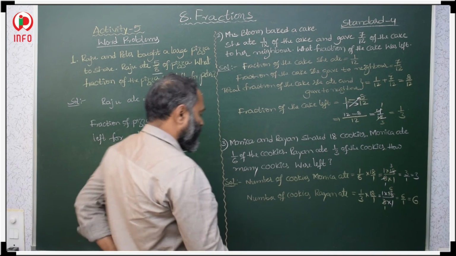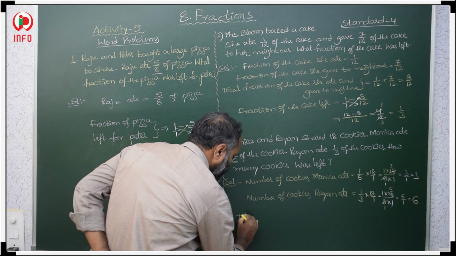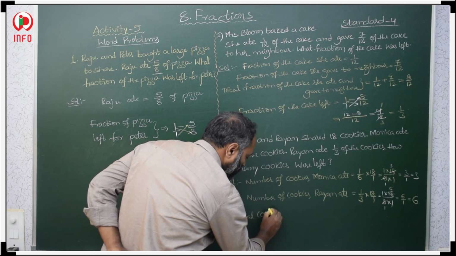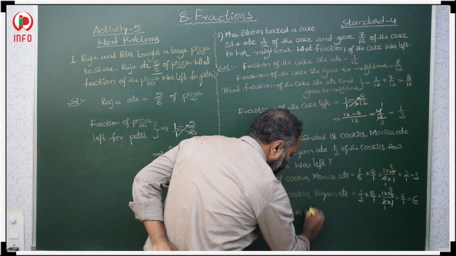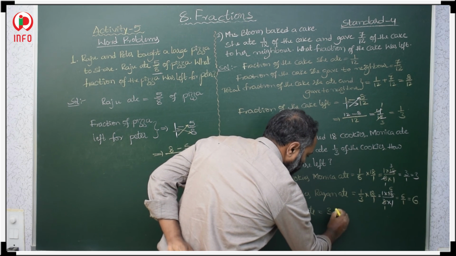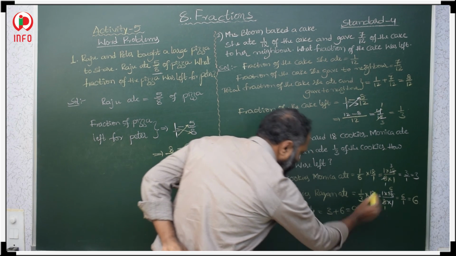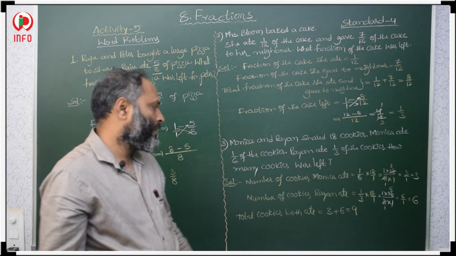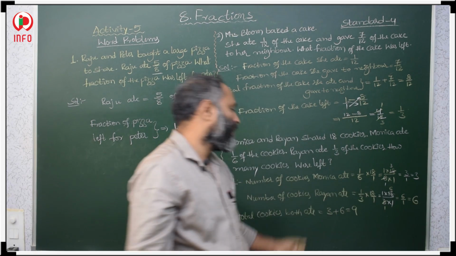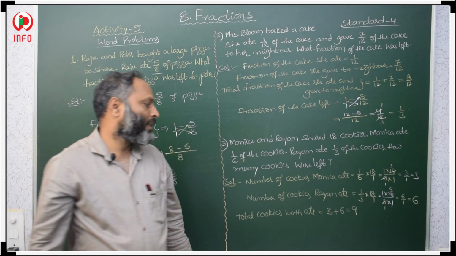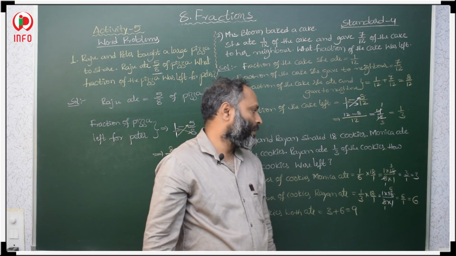Then the total cookies they both ate is equal to 3 plus 6 is equal to 9. 9 cookies they ate. So 3 cookies Monica ate, and 6 cookies Rayan ate. Both together, 3 plus 6, 9 cookies they ate.